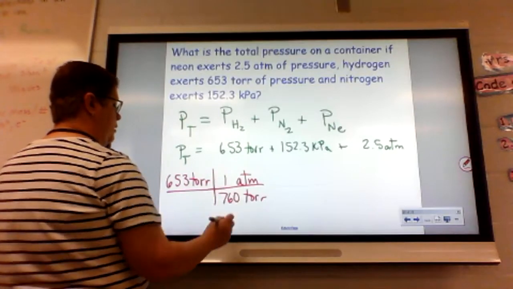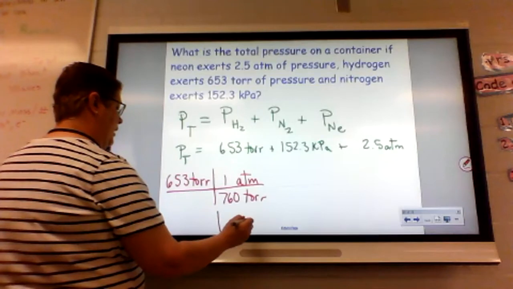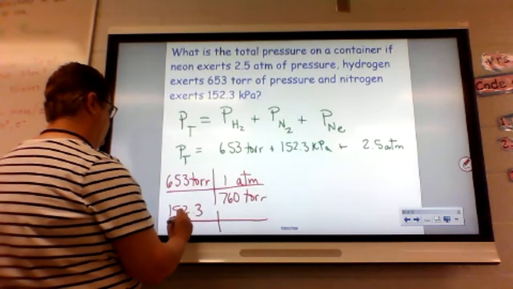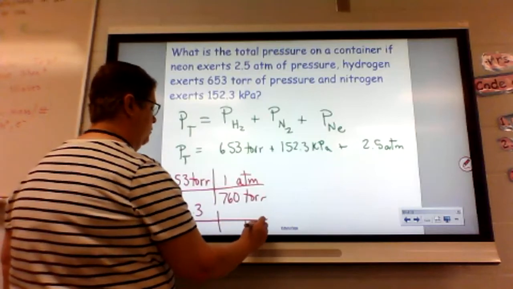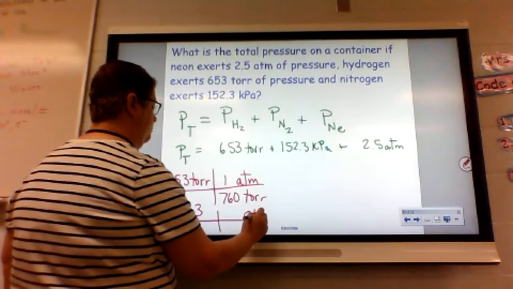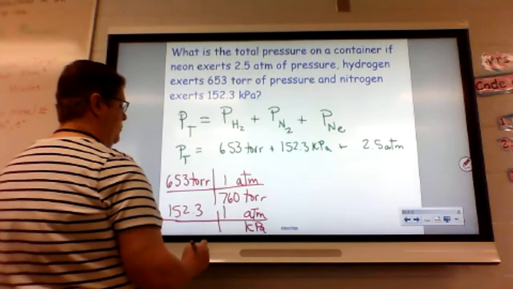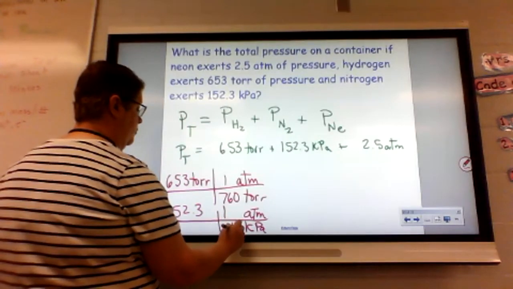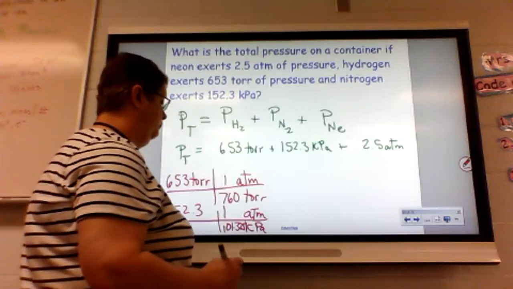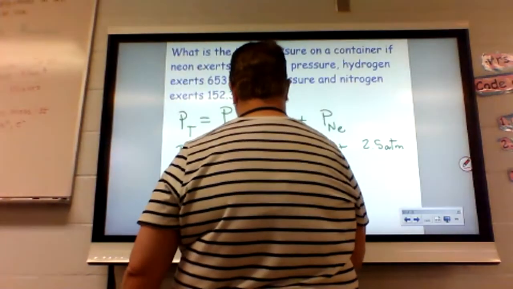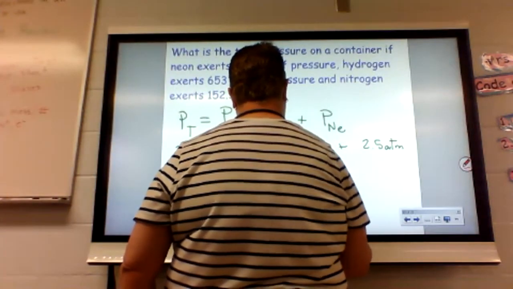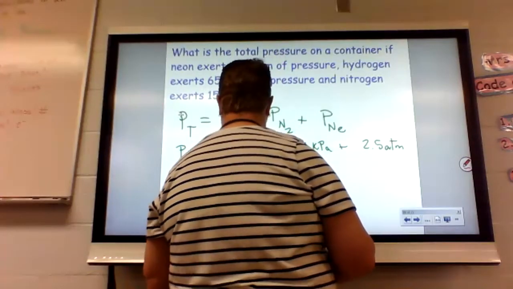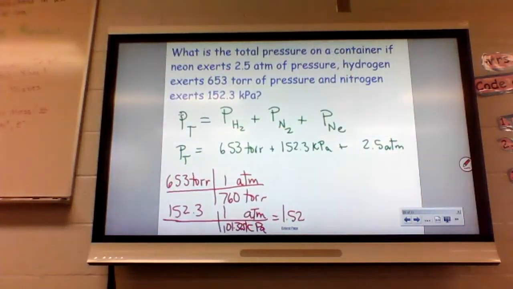All right, and then the last one, 152.3 kPa, ATM is 1. What's kPa's number? Is ATM kind of like moles where they get 1 all the time, or is that just for this question? No, ATM's always 1. Oh, it's like a mole. Yes.